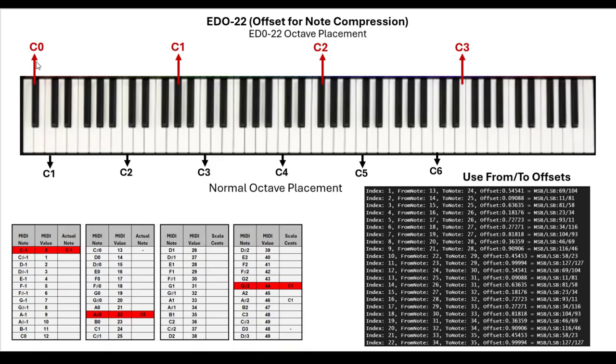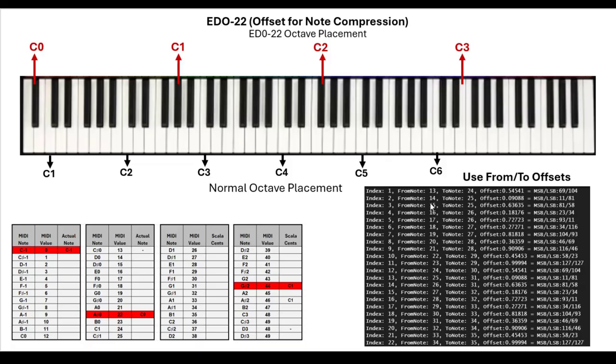So here C0 is going to be offset 22 notes from its initial position, and 22 notes after that you'll get another C, and 22 notes after that you'll get another C. But look where those fall on the keyboard. You don't get until around C4 that you would expect coming out in standard equal temperament tuning. You're going to be less than C2 coming out on the keyboard playing your EDO22 scale.